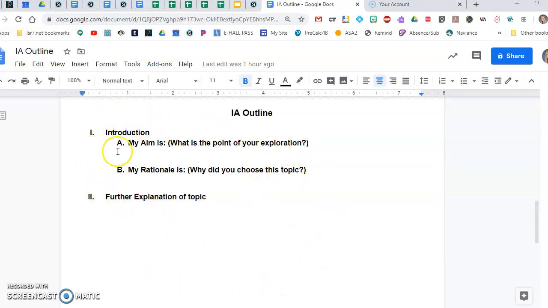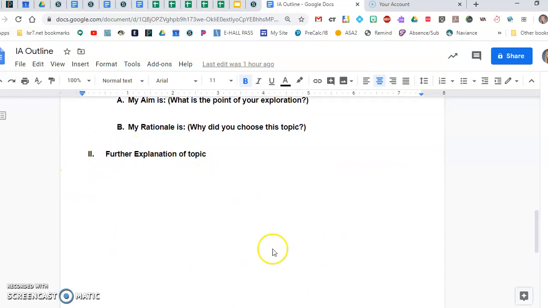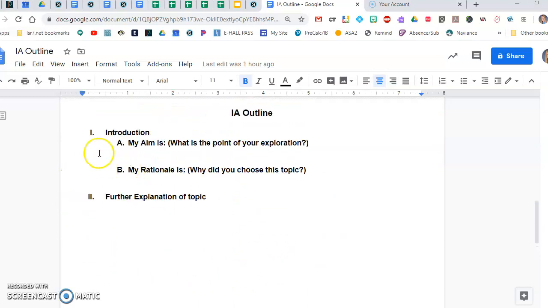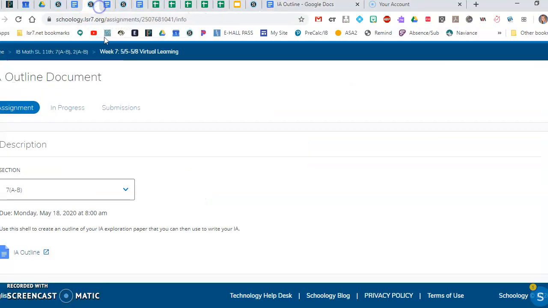So you kind of have a brainstorming page, and then this outline should not just be Roman numeral 1, 2, 3. It should have some parts underneath it that you have put some thought and some work into, researching a little bit of what's going on, or thinking about what you're going to do and how you're going to do it. So that's that part.